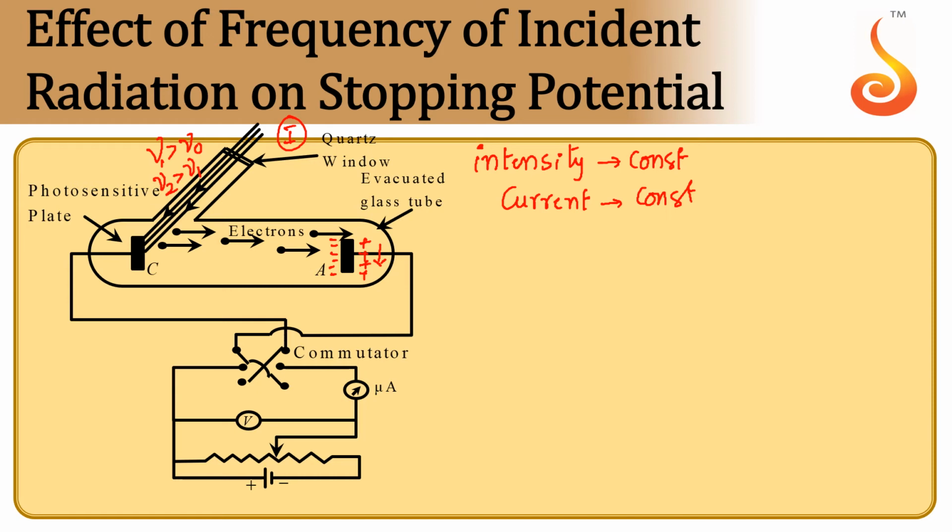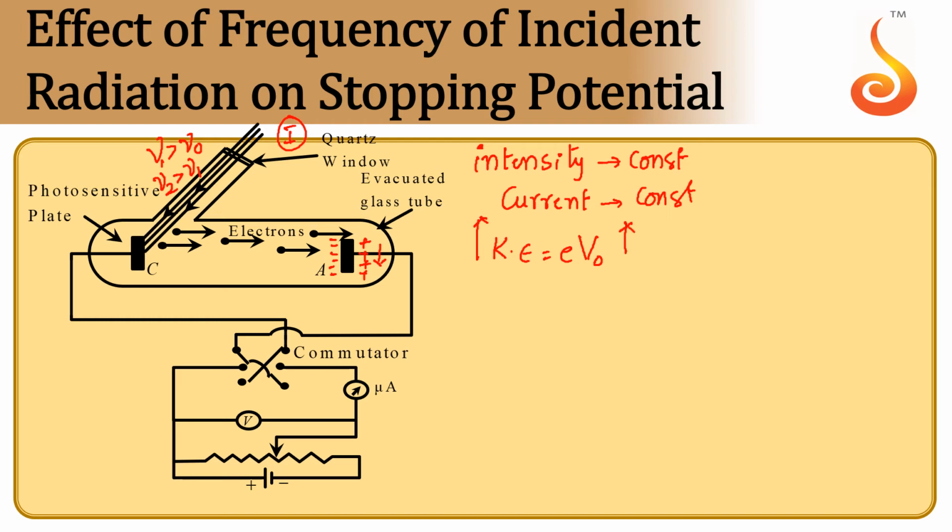When the kinetic energy of the electrons increases, the stopping potential also increases, because we know that kinetic energy is equal to charge times stopping potential. When the kinetic energy of the electrons is more, the stopping potential is also more.